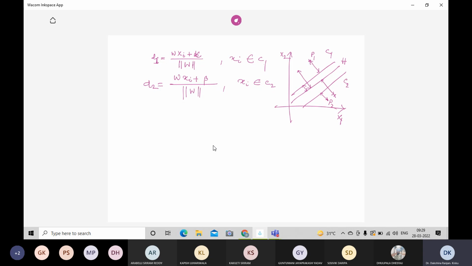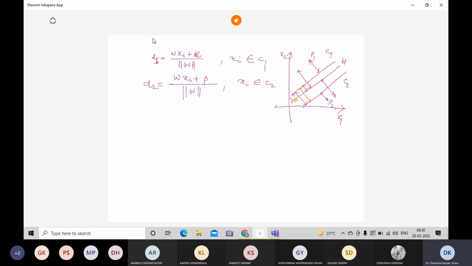Now our objective is to maximize this distance. So our objective is to maximize the distance between two margins. This is the distance between two margins, and this is our hyperplane. The halfway straight line is the hyperplane between these two margins, which are used for class C1 and C2.